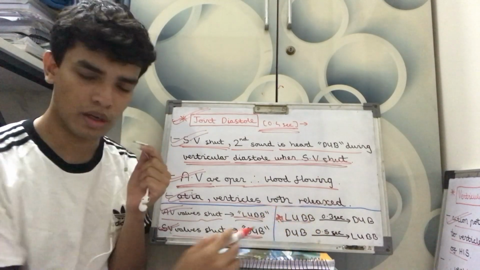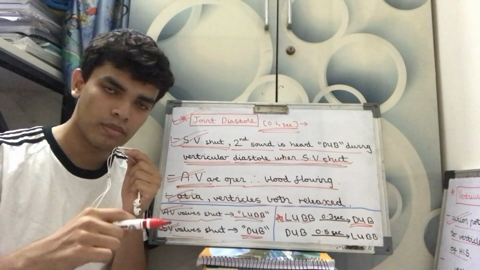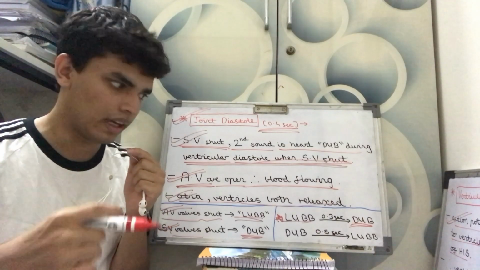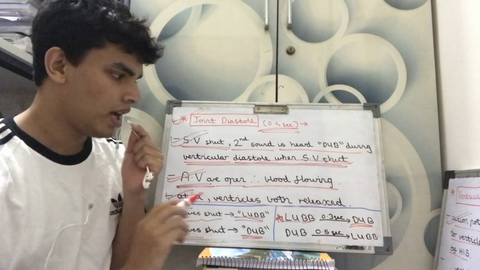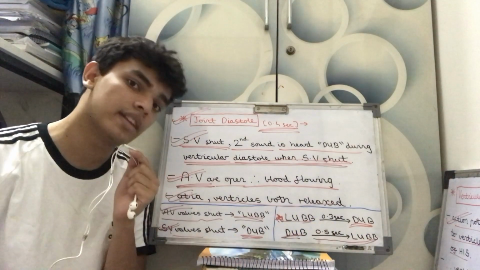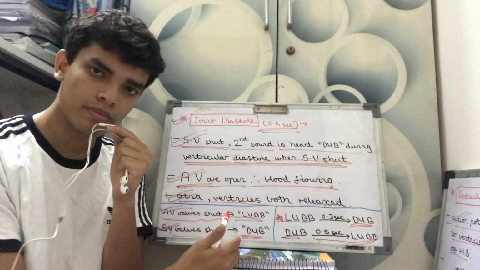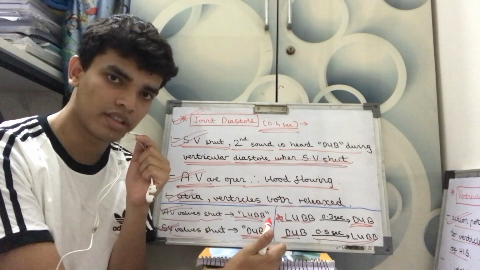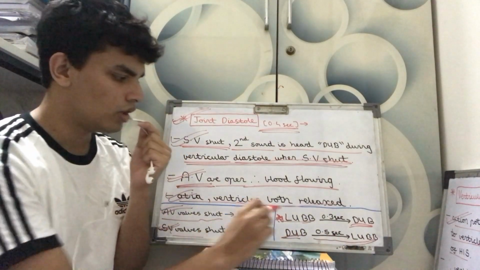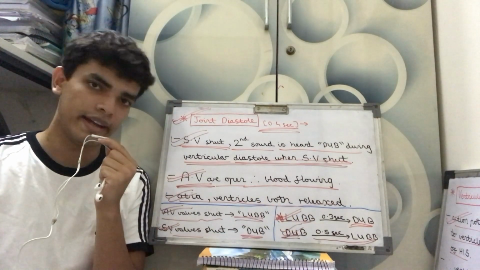First you will hear the lub sound, and after 0.3 seconds you will hear the dub sound. There is a gap of 0.3 seconds, and after the dub there is a gap of 0.5 seconds before you again hear lub. So it is like lub, 0.3 seconds, dub, 0.5 seconds, lub, 0.3 seconds, dub, 0.5 seconds, lub. This is again a very important point. So that is all for the cardiac cycle.